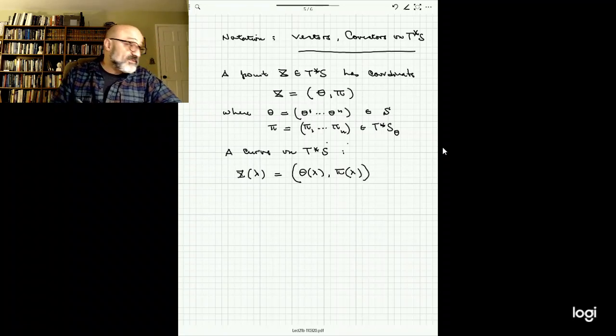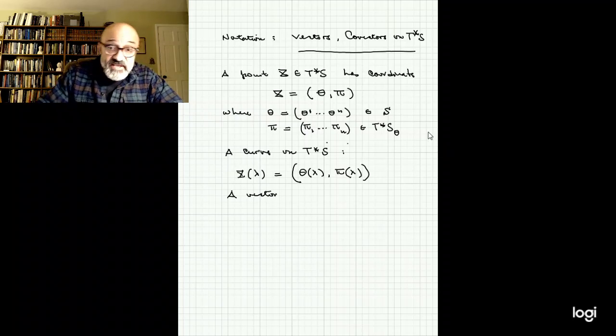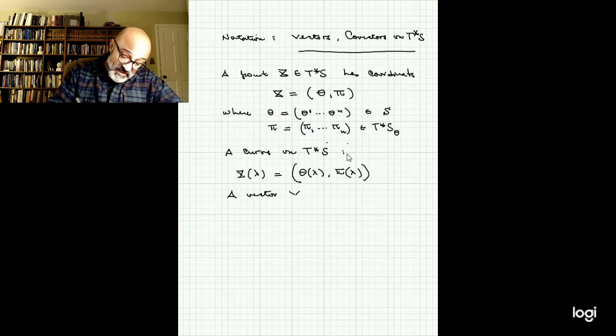And we can do vectors. A vector v on this space is going to have components.